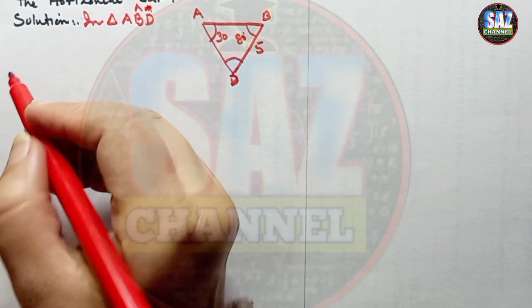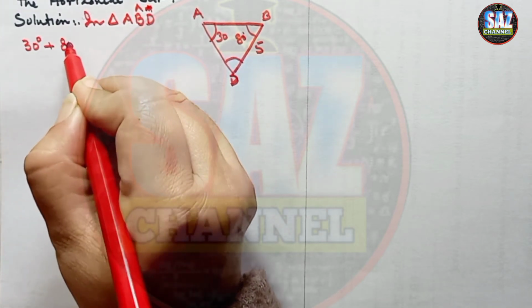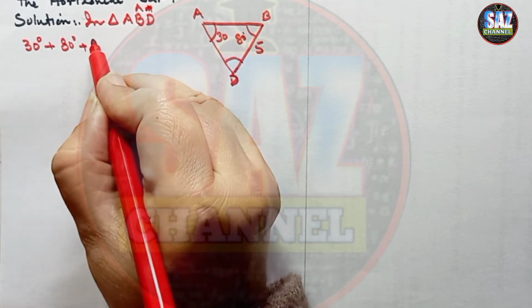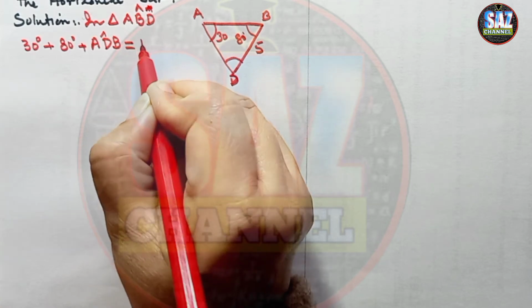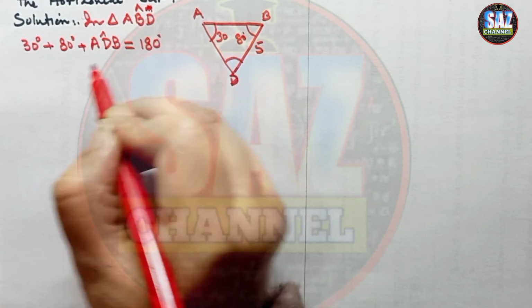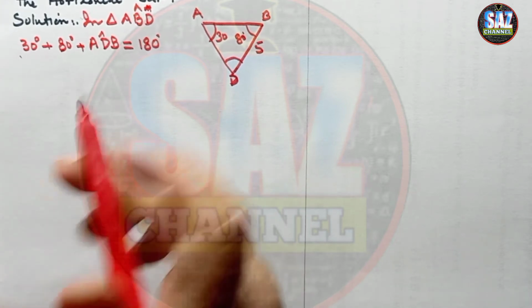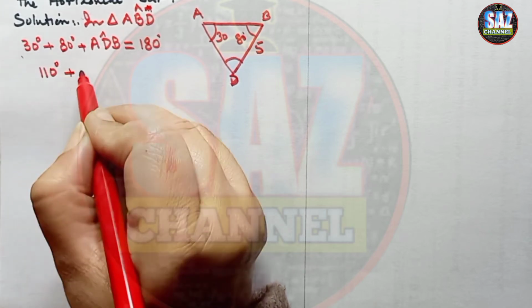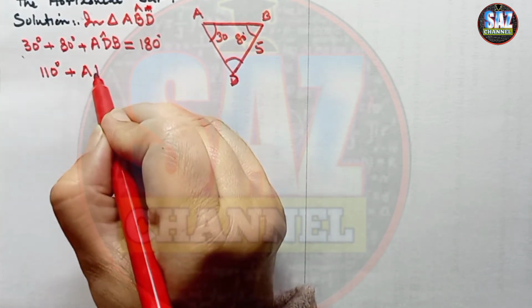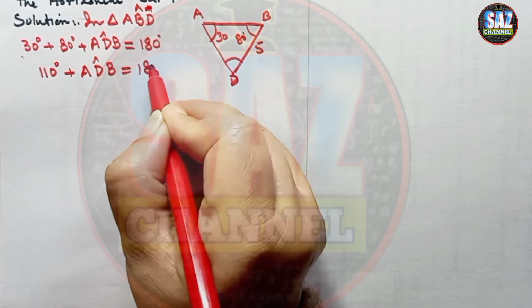For angle 30 plus 80 plus angle ADB, the angles sum to 180 degrees. 80 plus 30 is 110, plus angle ADB equals 180 degrees.